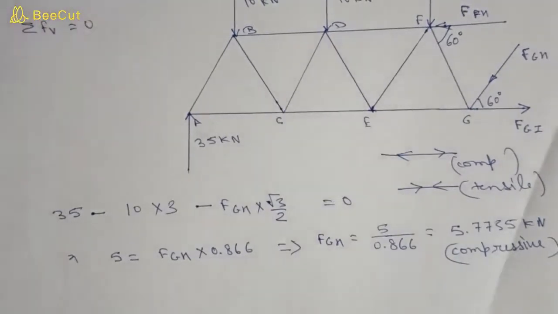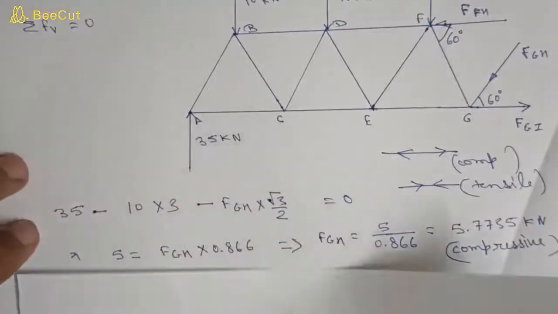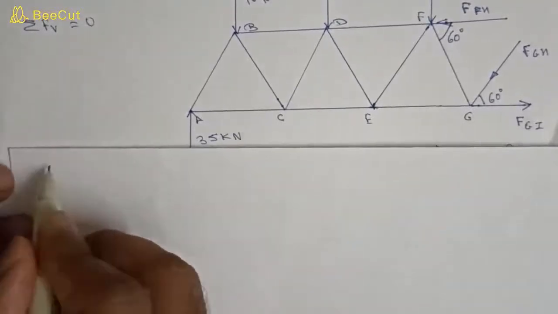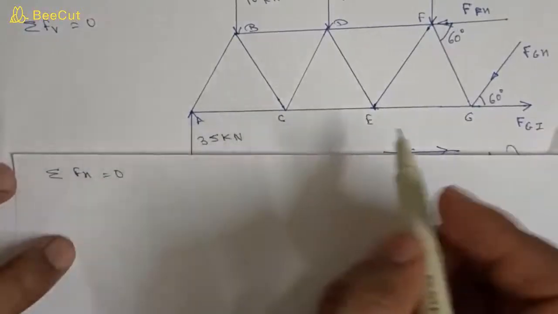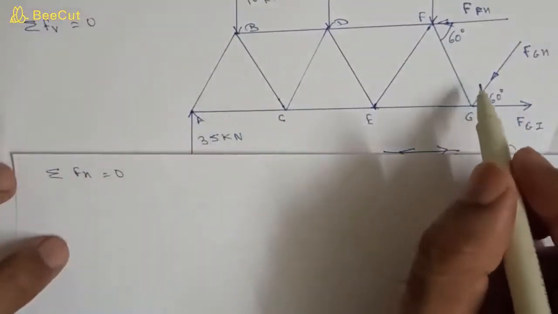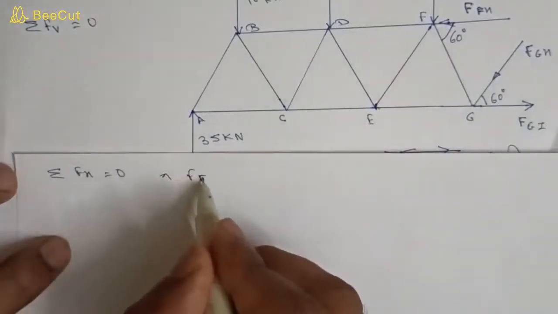Now we will do sum of all horizontal forces equal to 0. So what are the horizontal forces? See, one horizontal force is FFH, so we'll write FFH.